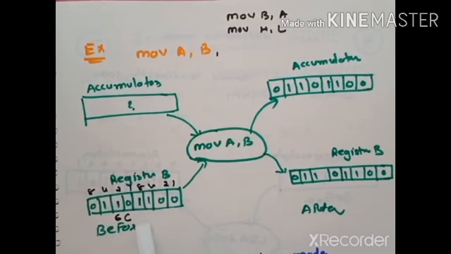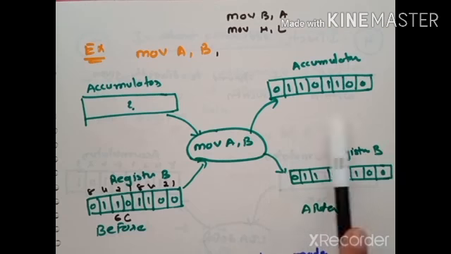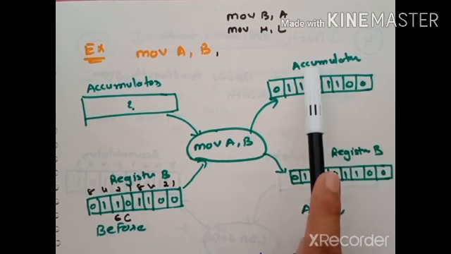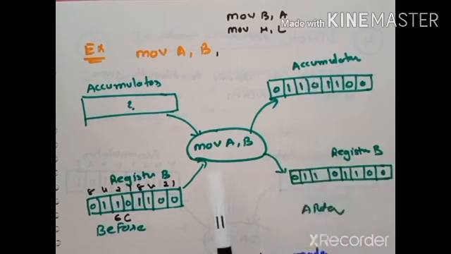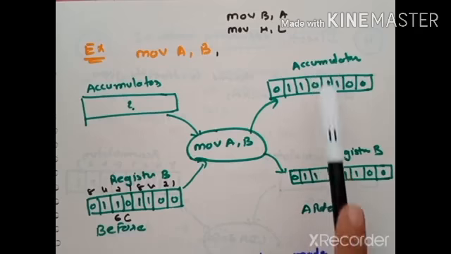Then the content of register B is 6C. After execution of this instruction, the content of B is transferred to A. That means after execution, the content of the B register and the A register is the same.